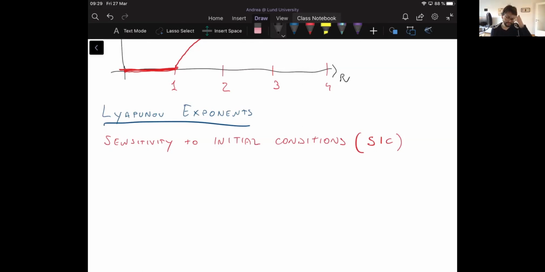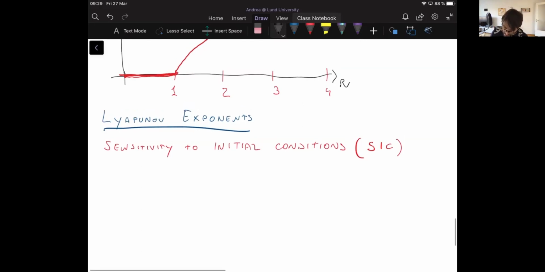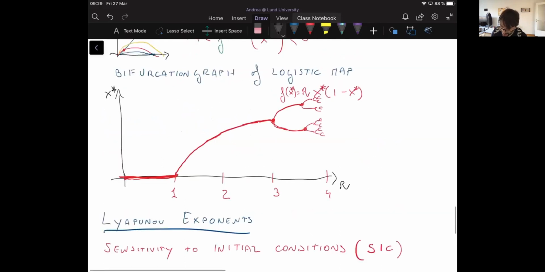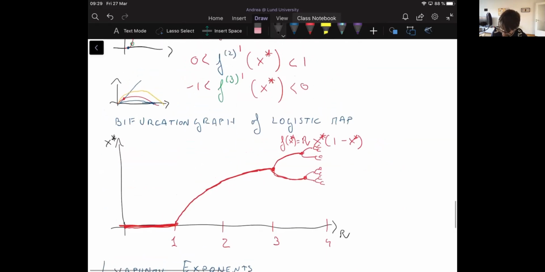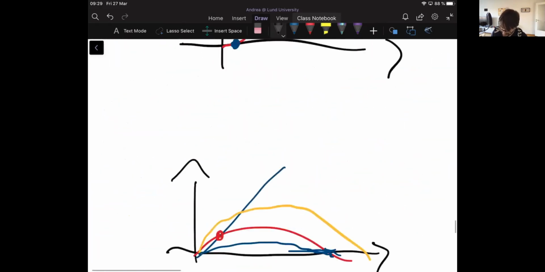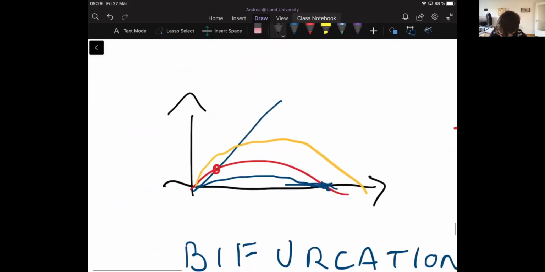Okay. So how can we mathematically formalize what I just said? I want to study solutions with a small difference. So let's say that in my map, I start from here, or I start from a very close point here.